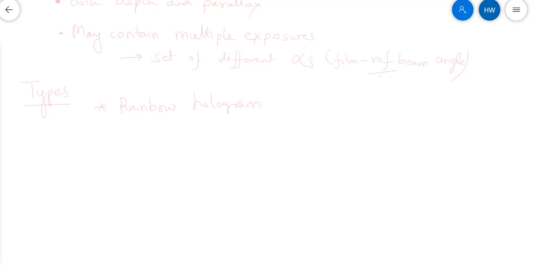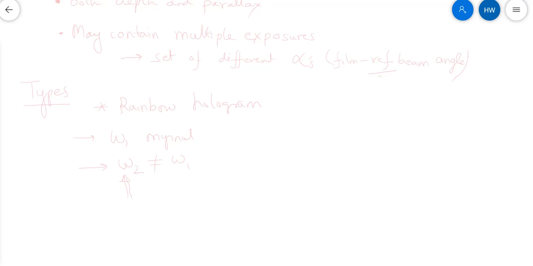Let's first understand. If I change the reference beam, for example, my original recording reference was omega 1, and for reconstruction I now use omega 2, which is not the same as omega 1, then the image changes. The image looks, of course, like the new color.